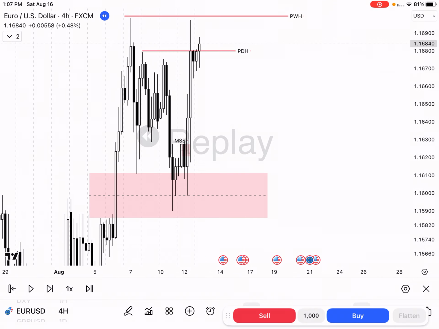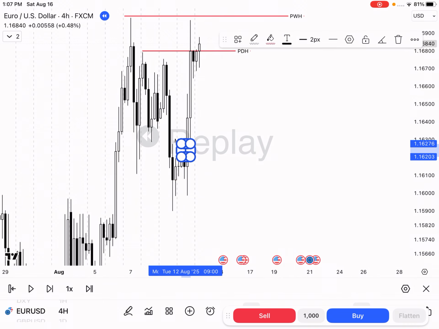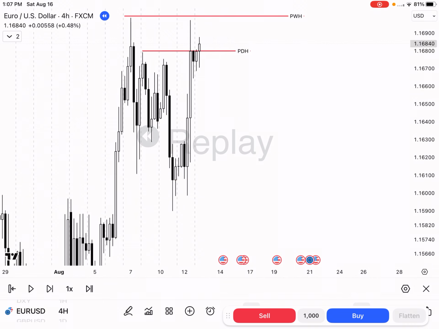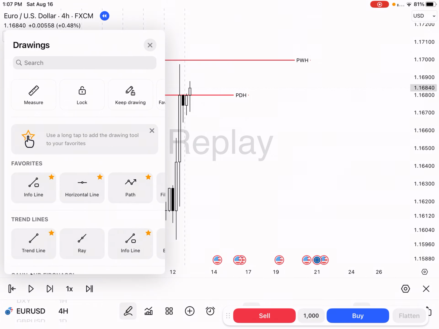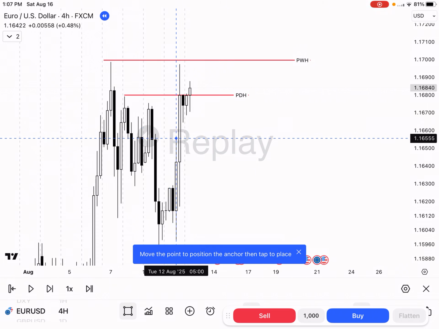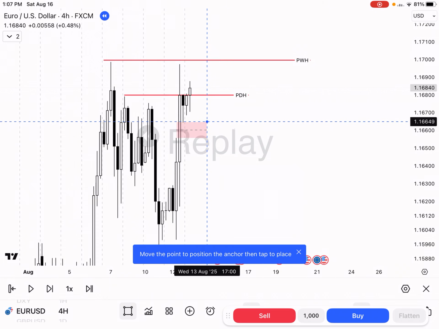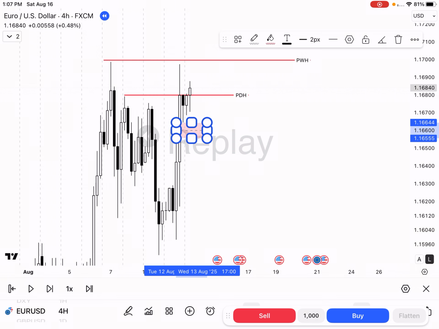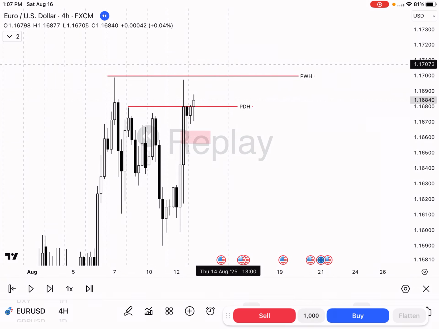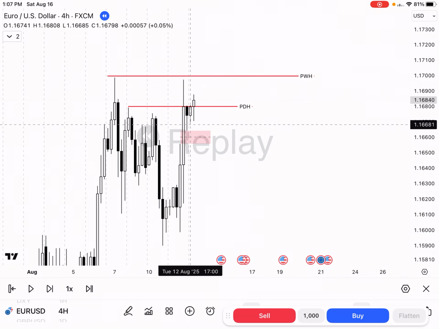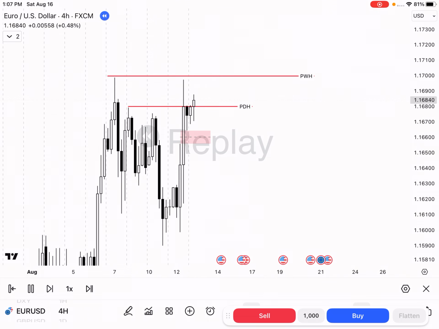Since this has already been mitigated, let's delete this and delete the market structure shift. On Wednesday in the Asia or London session, I was expecting that the price would first retrace into this FVG and then go for the previous week high. But let's see how it goes.